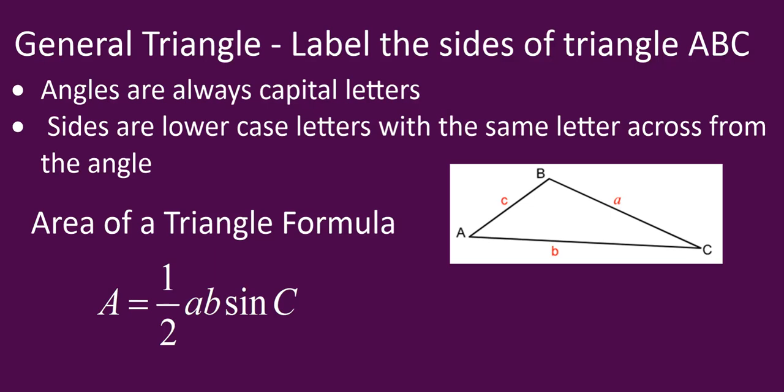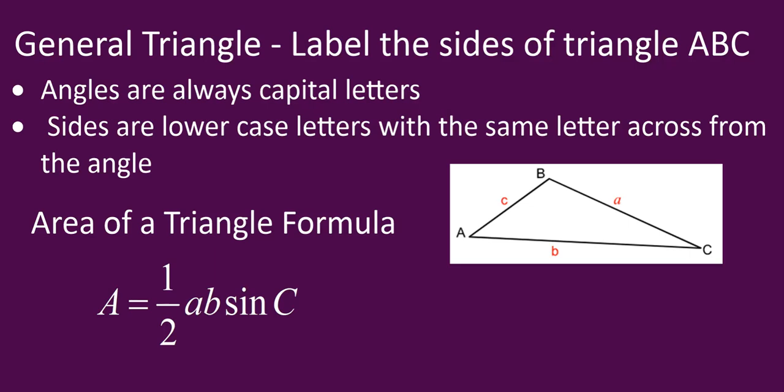What I mean by that is, here's my angle. If we go across from it, there's the side. Here's my angle. Across from it is side B. And so on and so forth, right? Same thing with the C. So that's how we label our triangles.